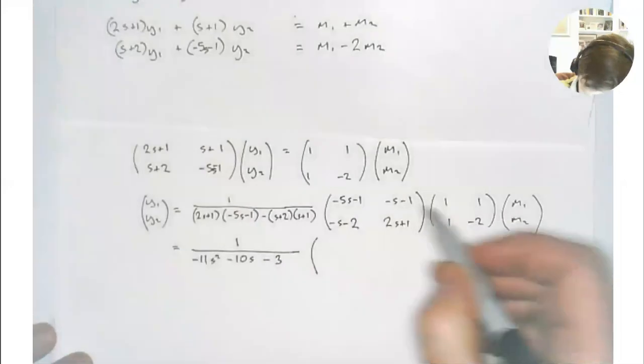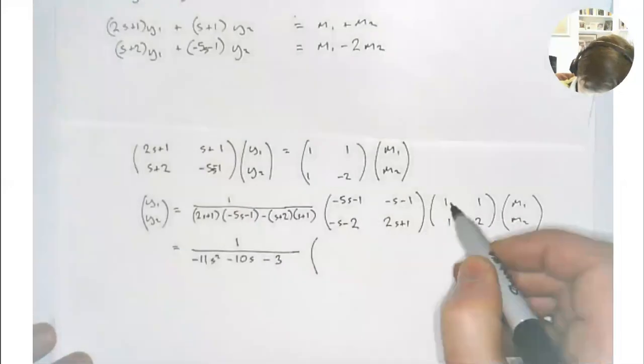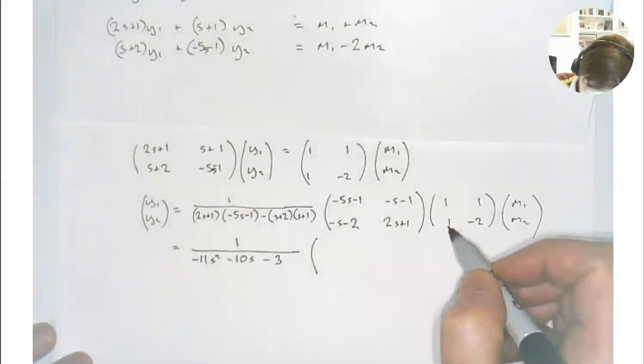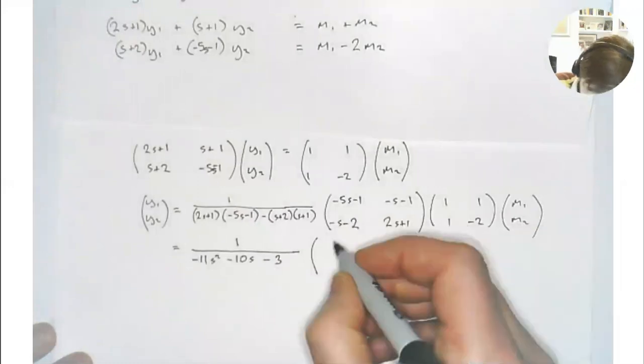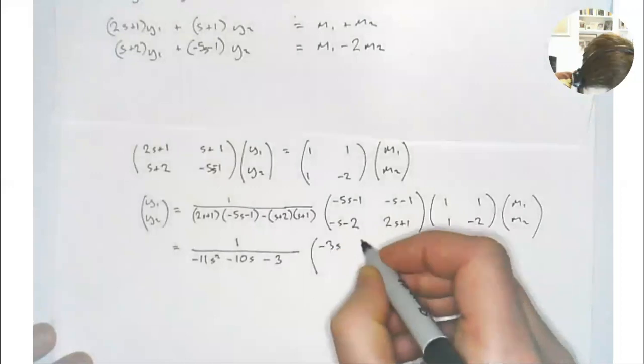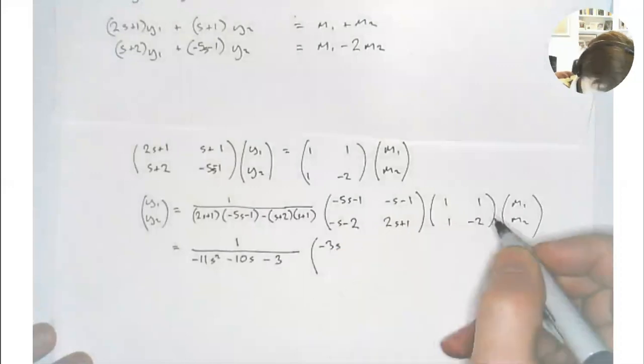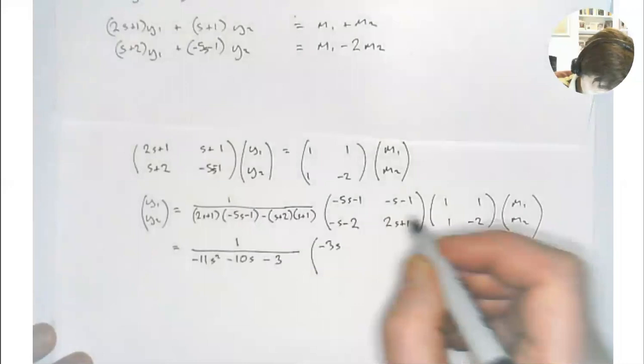And then here we need to multiply these three. So it's minus 5s minus 1 plus 2s plus 1. So that's going to be... sorry, that's not.